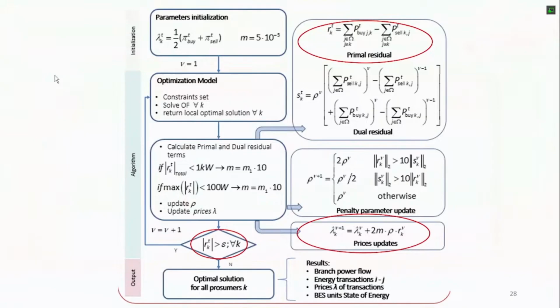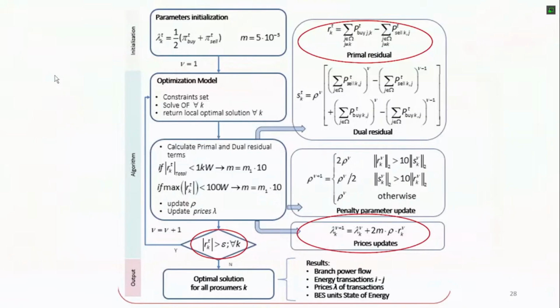It stops when this primal residual, the mismatch, which is specific for each transaction ij, is lower than a tolerance. If it is greater than the tolerance, we need to iterate.